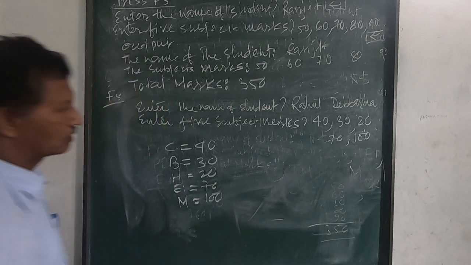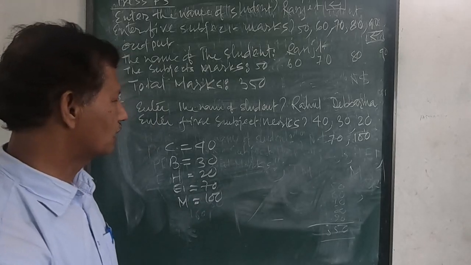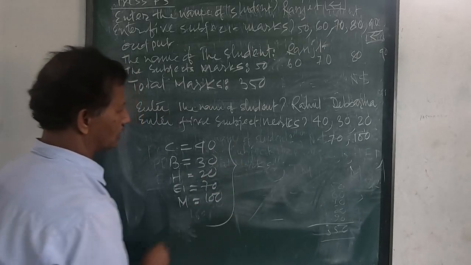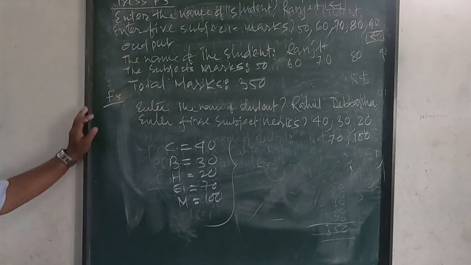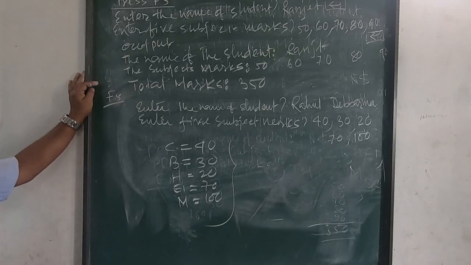In this case, the previous values, that is 50, 60, 70, 80 and 90, will get erased, and the present value will be stored in this variable. So the input statement is much easier and flexible also, because you can run the program several times by giving your own values to the variables.